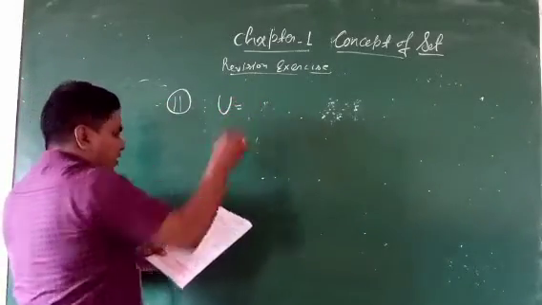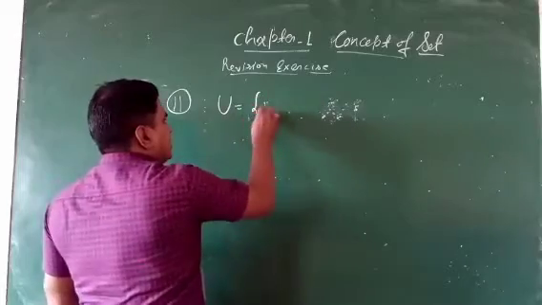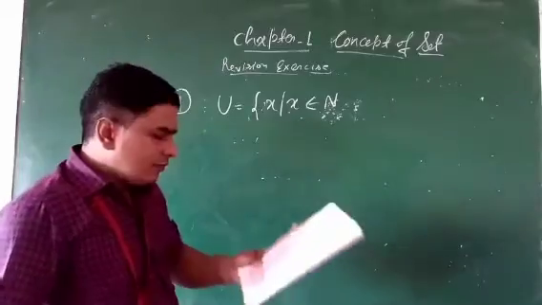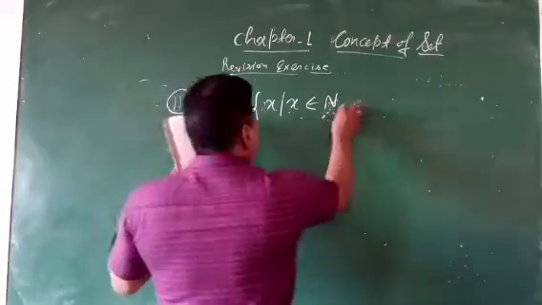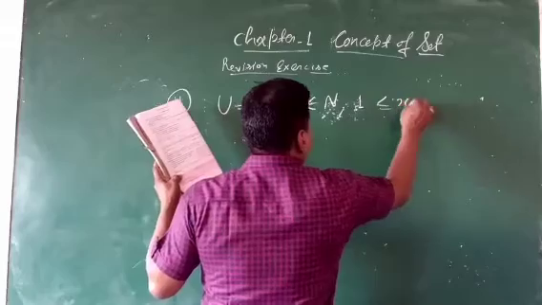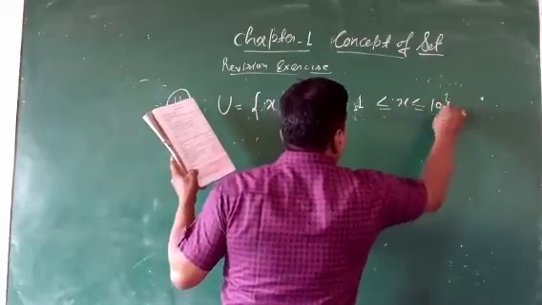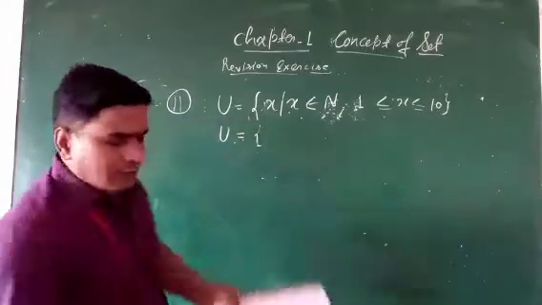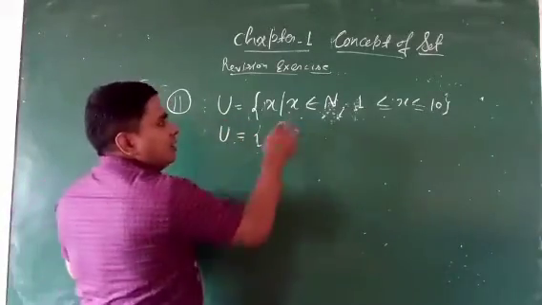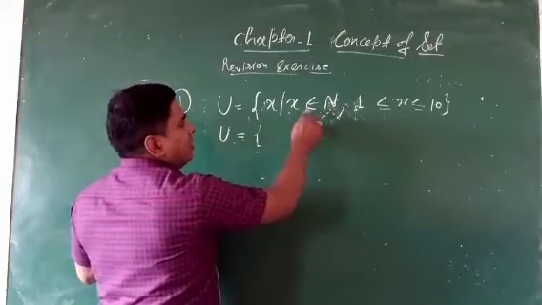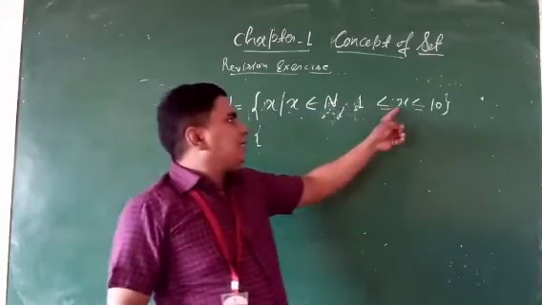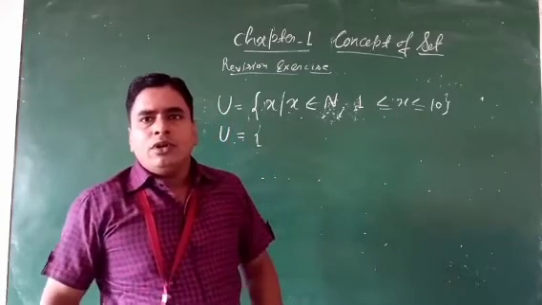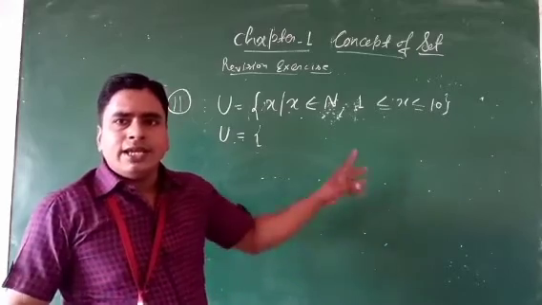A set U is given: x such that x belongs to natural numbers, where x lies between 1 and 10, with 1 and 10 also included. First we have to write this in roster form. आपको natural number का सेट लिखना है 1 से 10 तक.